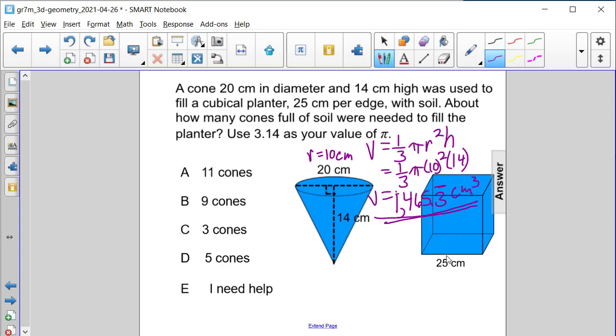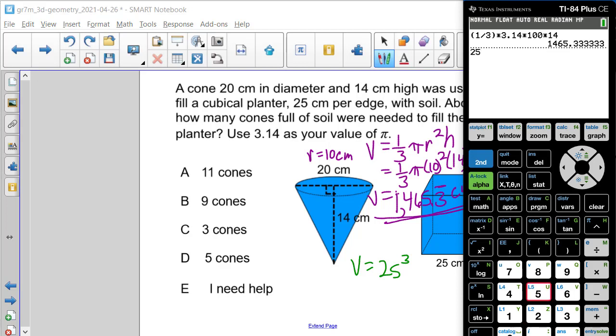All right, now we have to determine the volume of our cube. The volume of our cube is going to be equal to 25 to the 3rd power, because the length, width, and height are all 25. And 25 times itself 3 times is equivalent to 25 cubed.